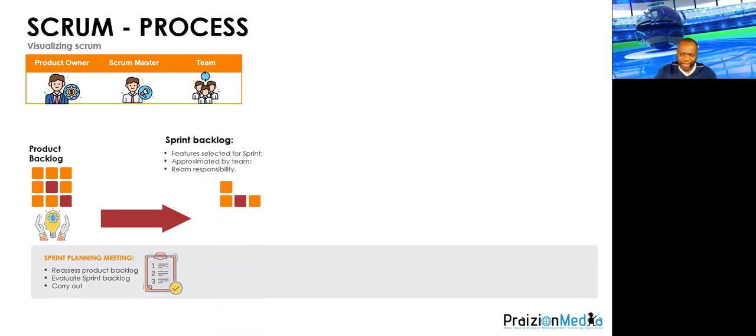The summary is you'll obtain your sprint backlog, which is a subset of the product backlog. Features are selected for the sprint. The team approximates things such as duration, but a lot of teams don't. Story points could be used to understand the effort. It's a relative ranking. You just need to understand that. And the responsibilities are defined for the sprint.